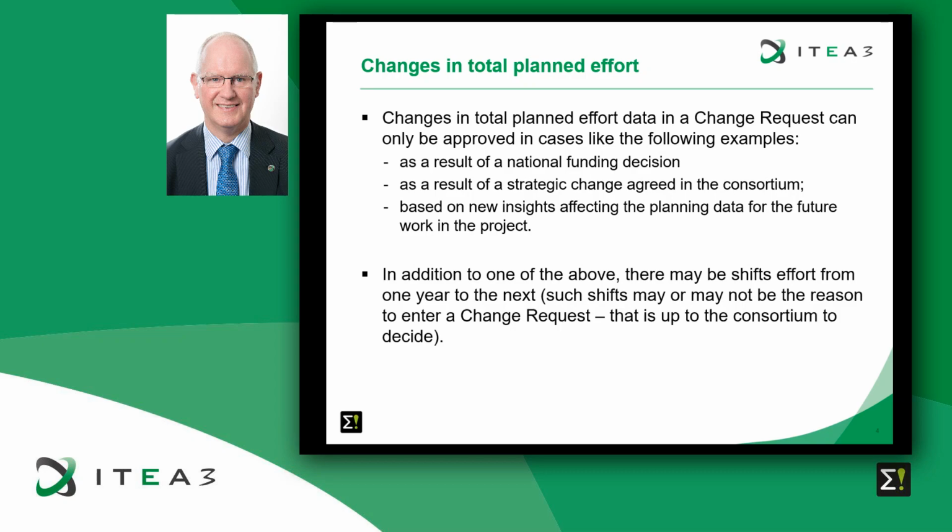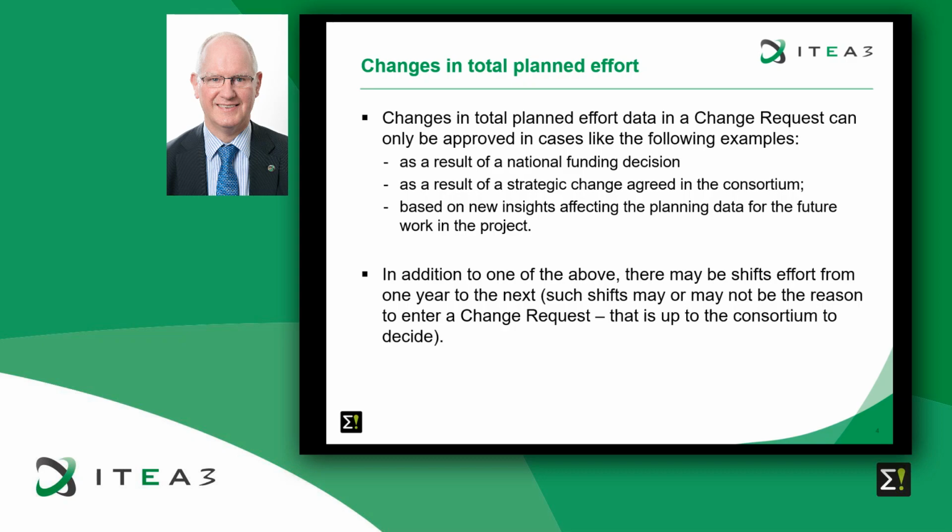Another issue is on the changes in the total planned effort. Changes in the total planned effort in a change request can only be approved in cases like the following examples: as a result of national funding decision, as a result of a strategic change agreed in the consortium based on new insights affecting the planning data for the future work in the project.